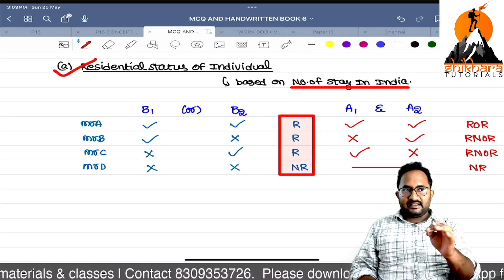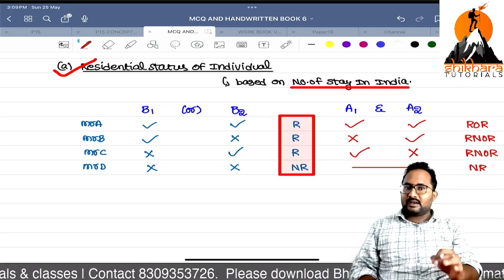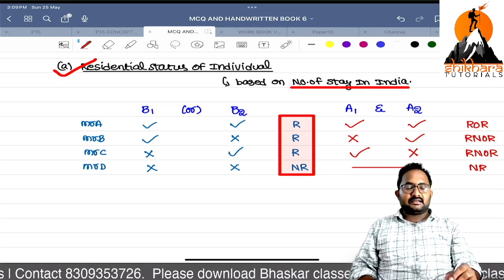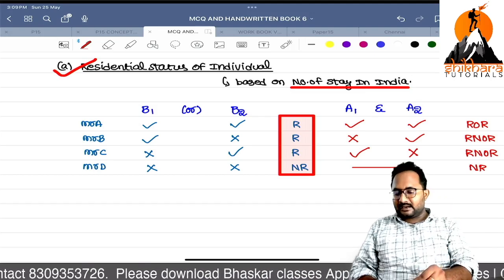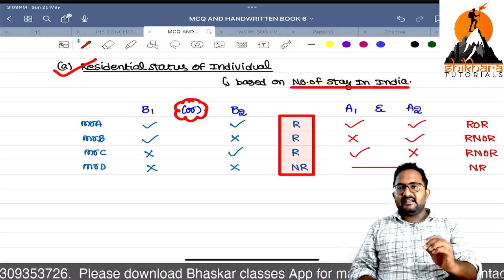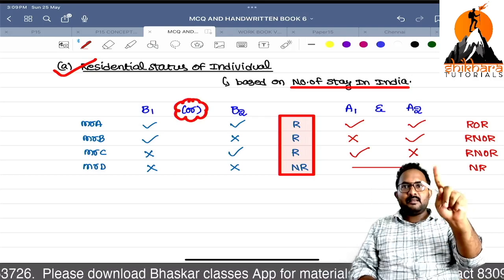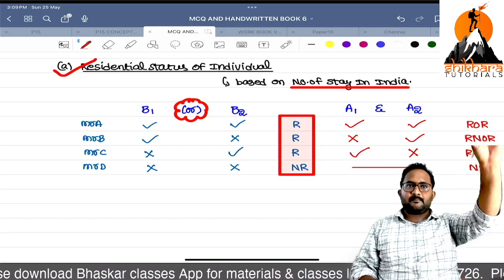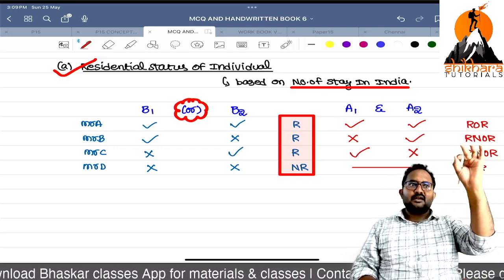Based on the number of days stay in India, we can calculate the residential status of an individual. For that, we have to use the basic conditions: basic condition 1, basic condition 2. If any basic condition is satisfied, we can say that person is a resident, otherwise non-resident.